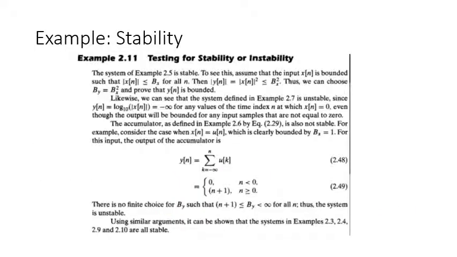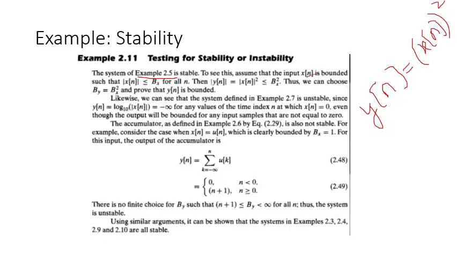Now here we have an example in which we will talk about stability. To see this, assume that input x of n is bounded. We have a squaring system which is defined in example 2.5, and we are saying that the system is stable. The system is of the form y of n equal to x of n squared. You can go and check example 2.5.